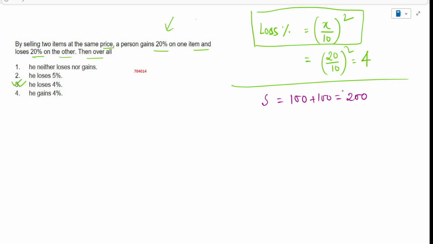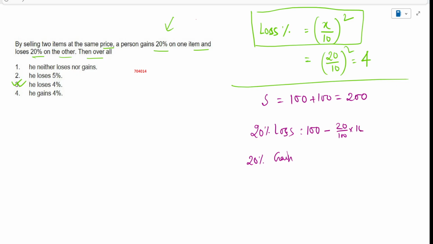Now in one article there is a 20% gain. So the gaining article cost is what? These are the selling prices. 20% loss and 20% gain. 20% loss means what is the cost price?